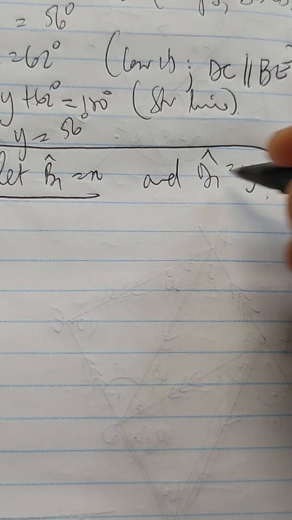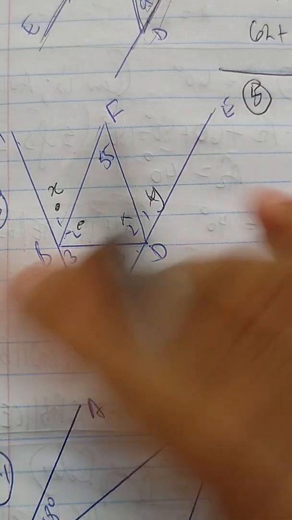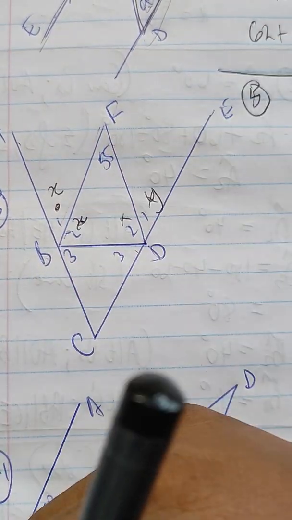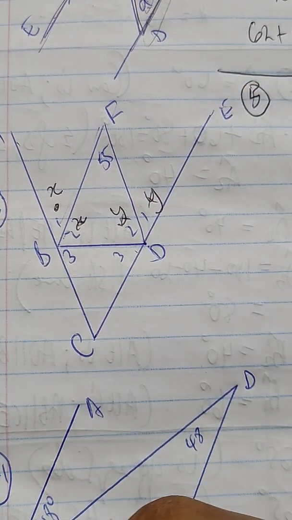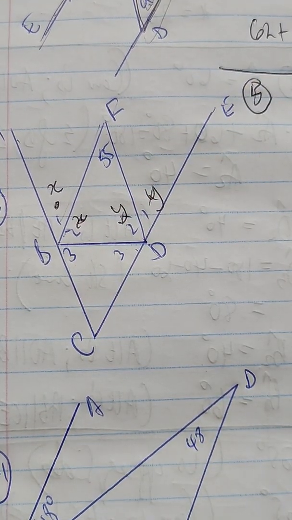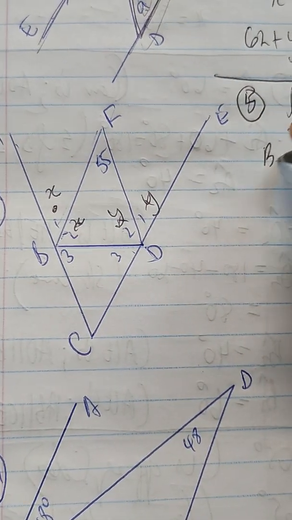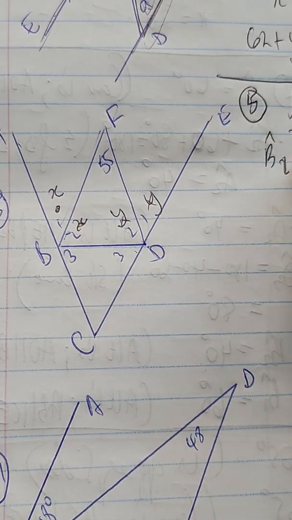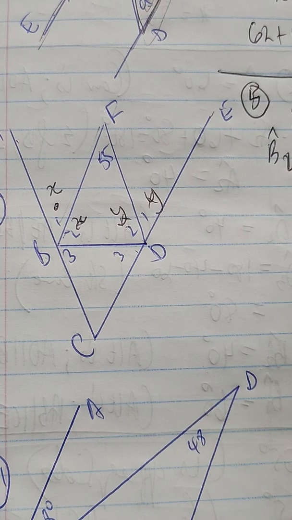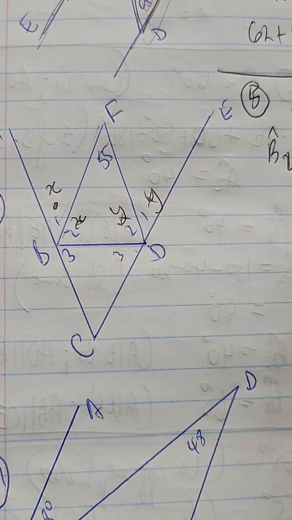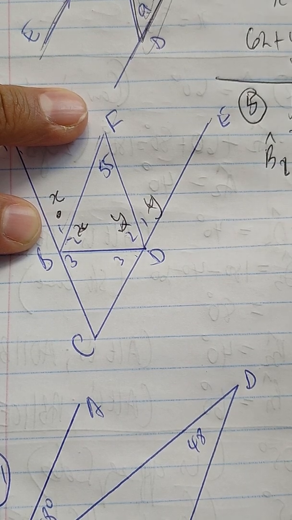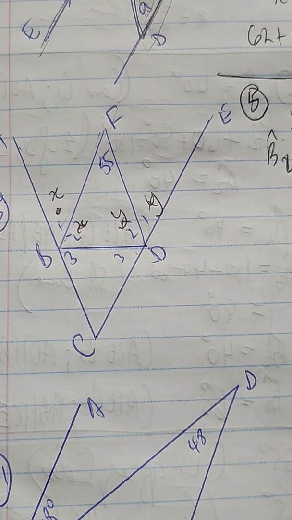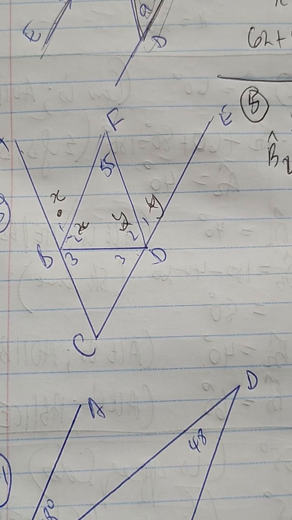If that is the case, then we can say B2 is x and D2 is y. Why? Because we are told that FB bisects angle ABD.